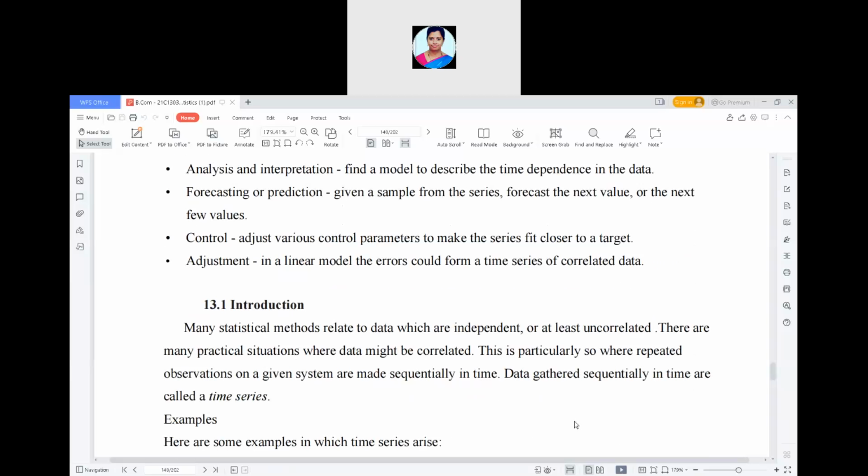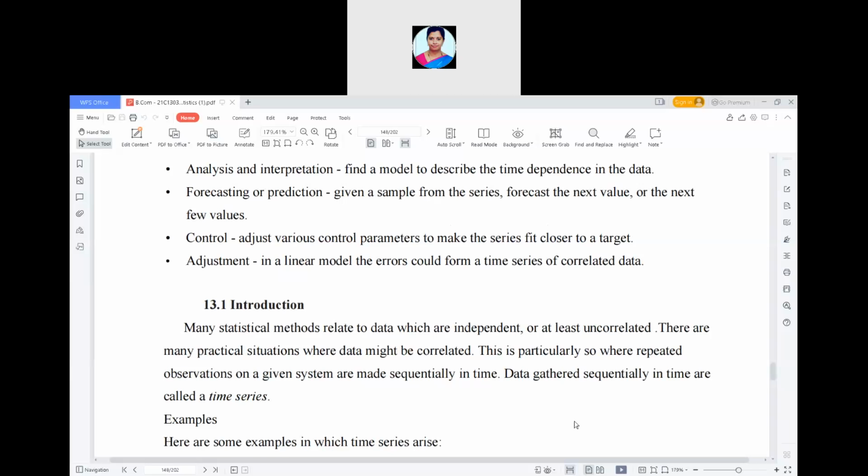In many practical situations, the data might be correlated. If they are correlated, then what will happen? This is particularly so when the observations are repeated on a given system and made sequentially in time. So the data gathered sequentially in time are called time series.